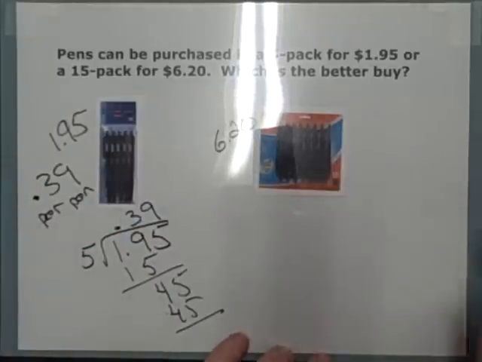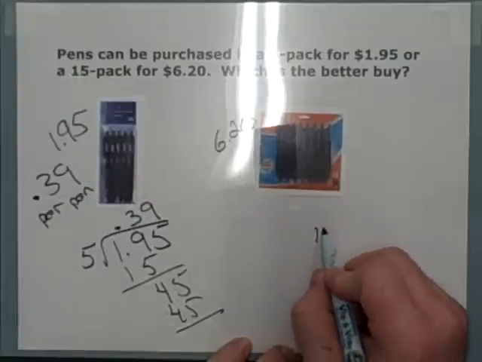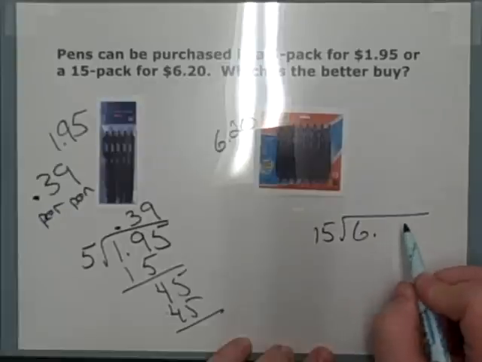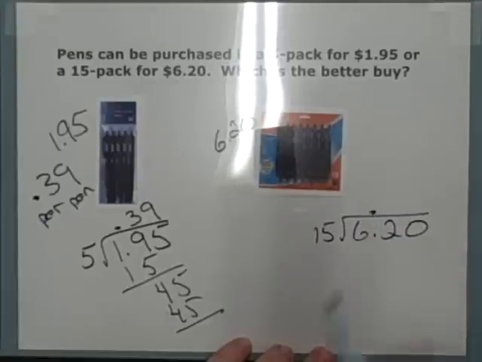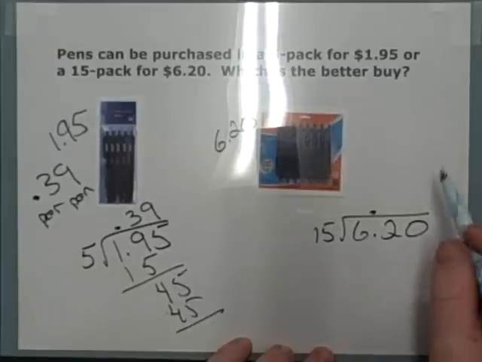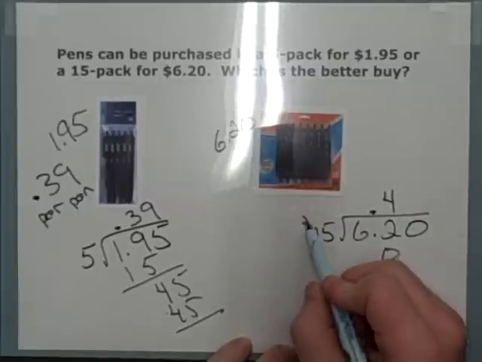And in this example, we have a 15-pack. So we've got to divide 15 into $6.20. Let's see. 15 goes into 62 4 times.